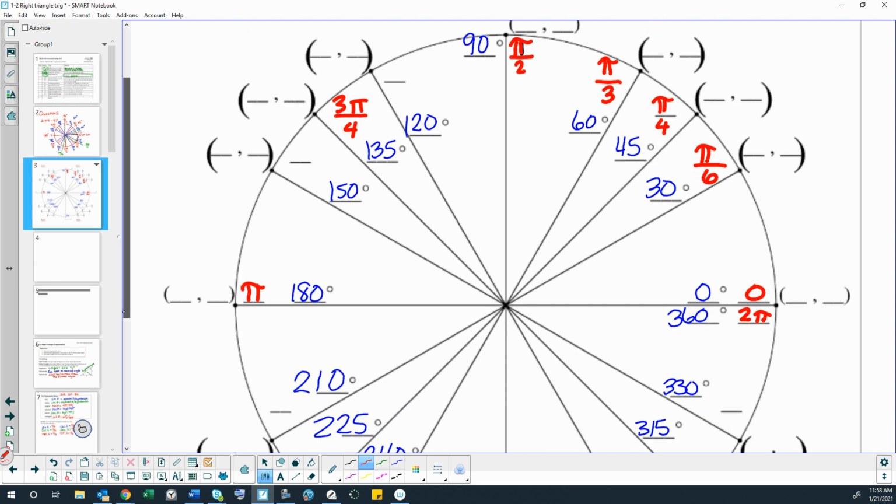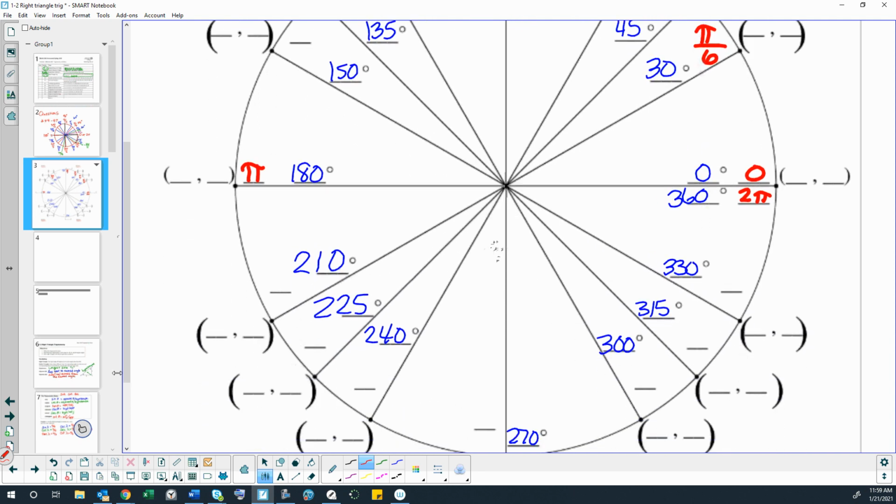Okay? So then, we're going to keep going around. That was 4 pi fourths, so we go to our next 45 degrees, which would be 5 pi fourths. The next one, at 270, would be 6 pi fourths. However, tell me about the fraction 6 fourths. 3 pi halves.